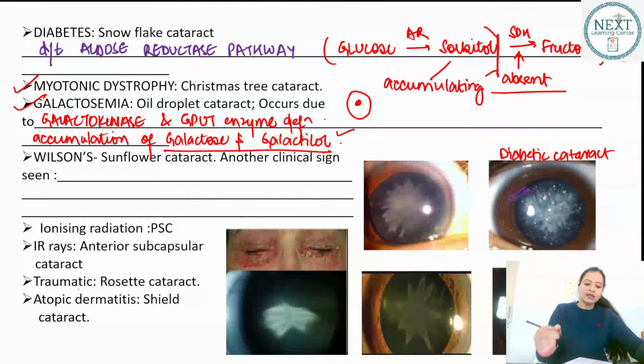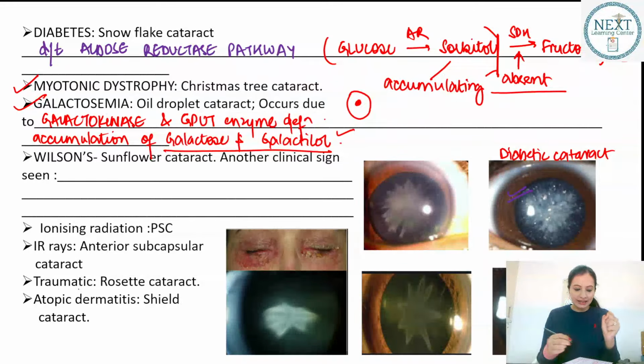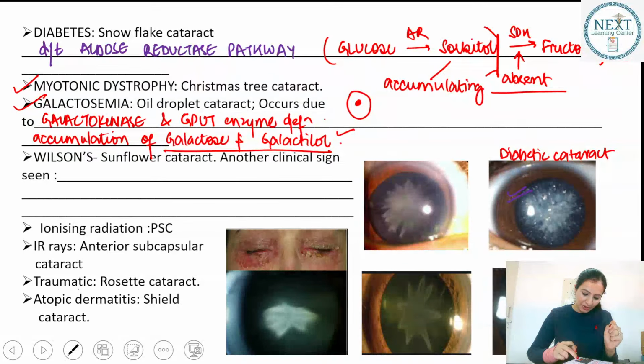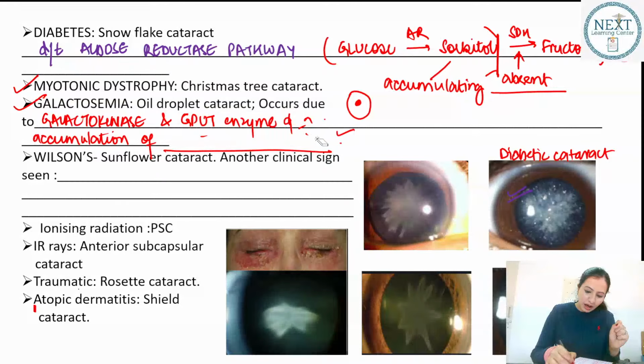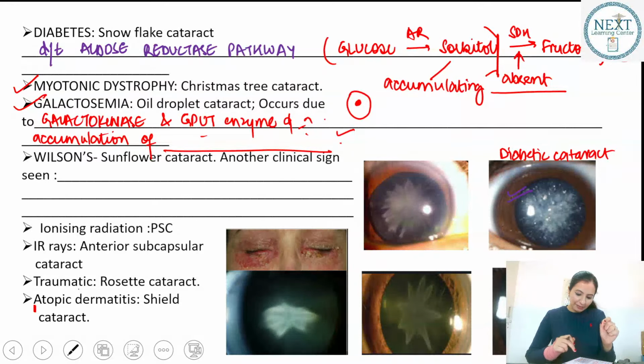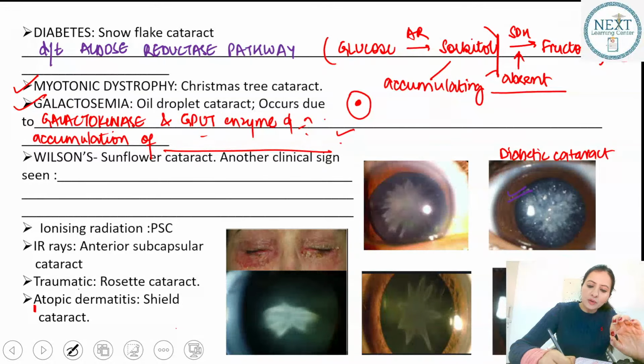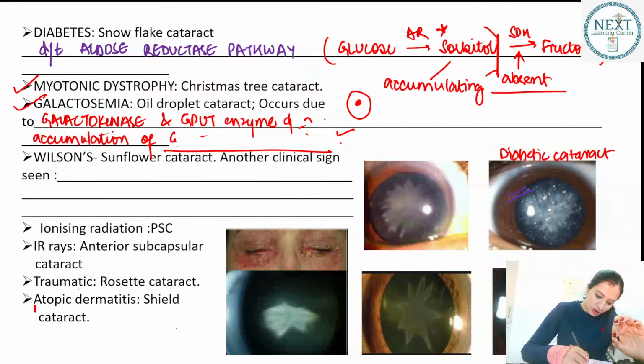So if you ask what is the substrate and the metabolite that is accumulating in galactosemia that is leading to cataract, that is your galactose and your galactitol. But if you ask me about diabetes, diabetic cataract is occurring due to accumulation of sorbitol. So this is important.